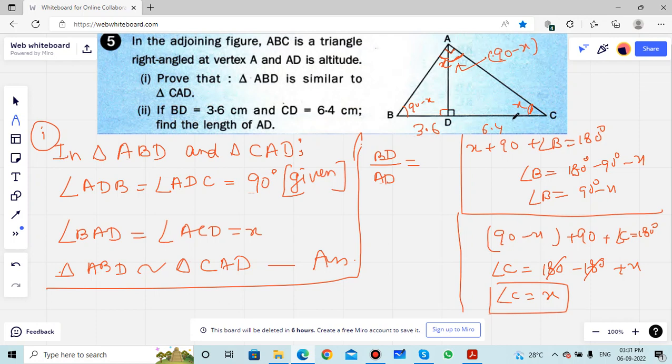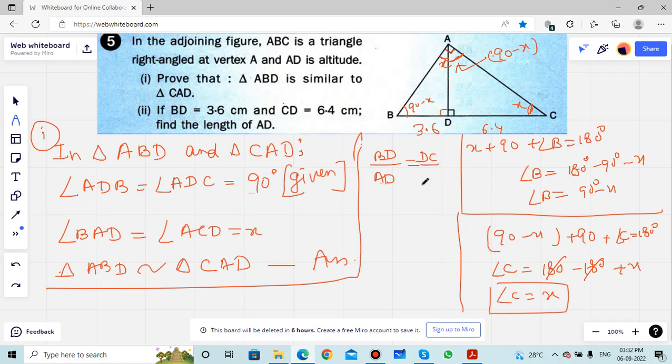This is DC. Which angle is it opposite to? It is opposite to 90 minus x. And 90 minus x is where? Here. So opposite to that in the ABD triangle, it will be AD. So right here, AD.